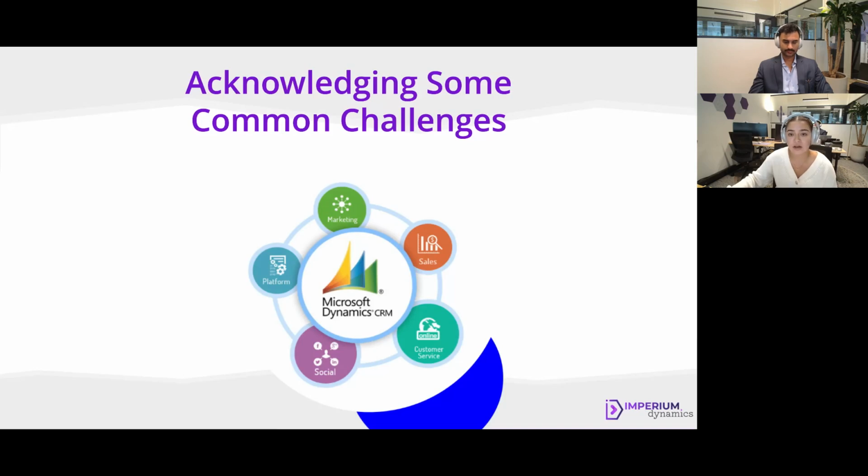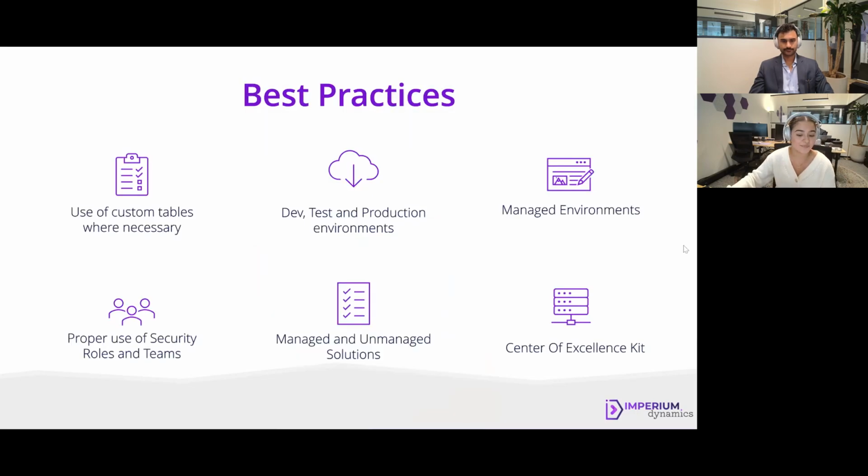Manual processes take up a lot of time that could otherwise be automated, while complex customizations and integrations often pose a technical challenge. Keeping your system healthy, ensuring regular updates, and maintaining security patches can also be a full-time job. The good news is that there's a lot of ways you can address these key challenges effectively. Shazar, could you please lead us to some of the best practices we can take for our CRM ecosystem?